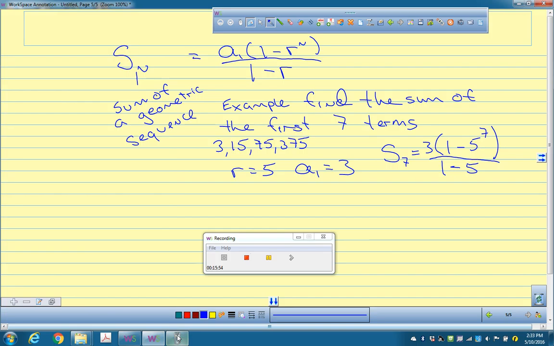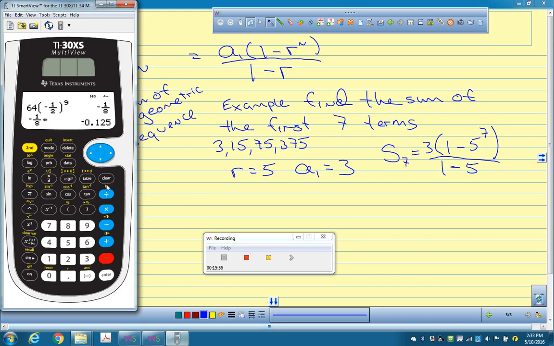Fortunately, your calculator is pretty good at recognizing order of operations. But this is the way I would do it on my calculator. I would go parentheses 1 minus 5 raised to the 7th power, okay? And then I would multiply that by, what would I multiply that by?